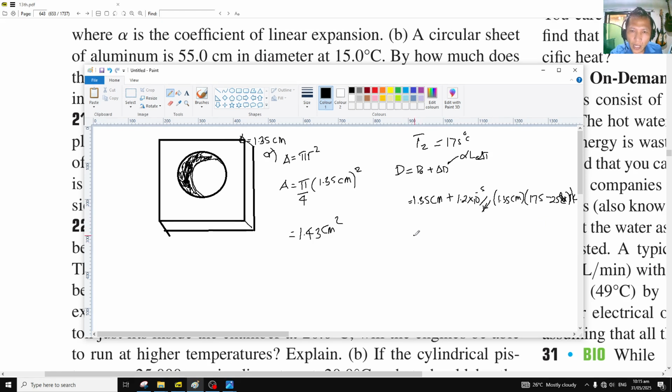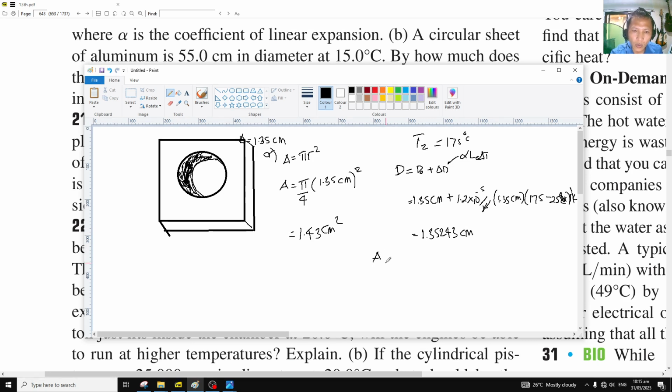Okay, so you would have the new diameter to be 1.35 plus 1.2 exponent negative 5 times 1.35 times 175 minus 25 degrees Celsius. And that will give us 1.35243 centimeter.